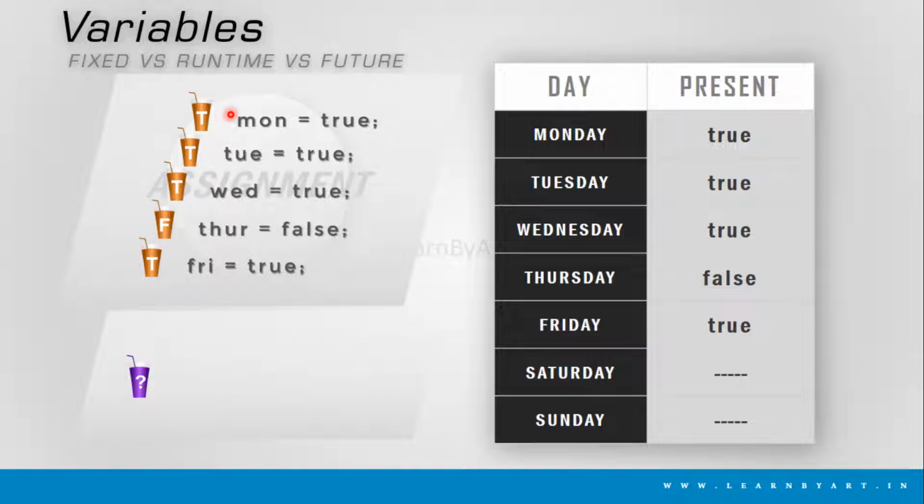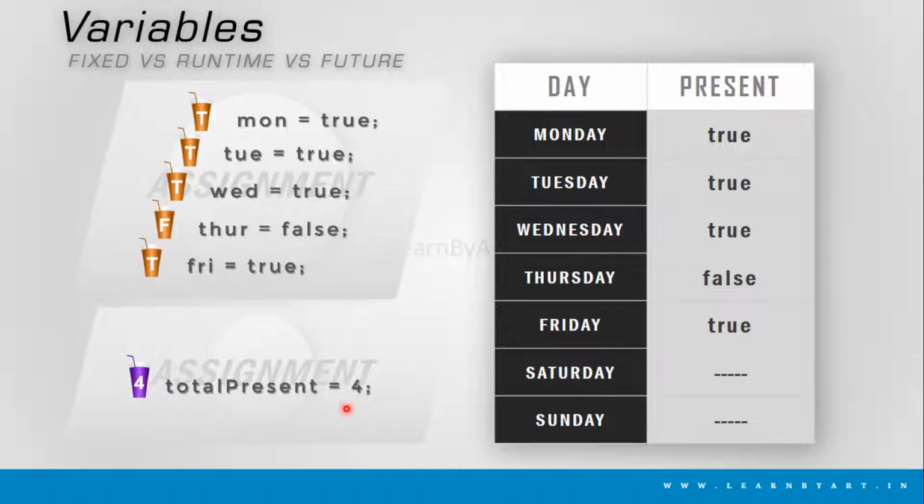And the moment you put all the values according to this table, you see that the question mark inside the variable is replaced with the actual value that you have taken from the user. The total number of days Sam is present will be calculated: for every true value, it is going to be +1. So 1 plus 1 plus 1 plus 1 is going to give you 4. This total present will be assigned by the program or the computer itself.